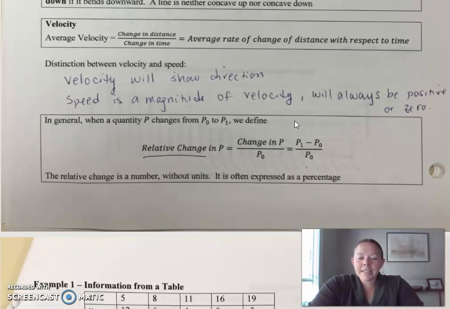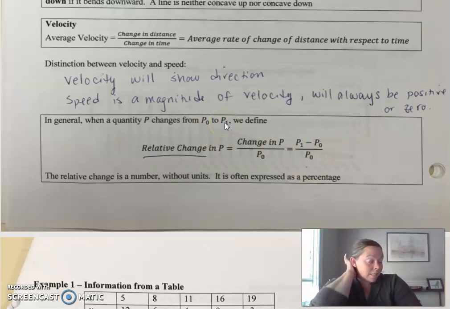And then lastly, in general, when a quantity P changes from P initial to P sub 1, we define relative change. And you'll notice you subtract the two values and divide by the original. So that might look familiar. You called it percent change in all your previous math courses. So you just subtract and divide by the original. Now, if the value goes down, it'll be a negative percent.